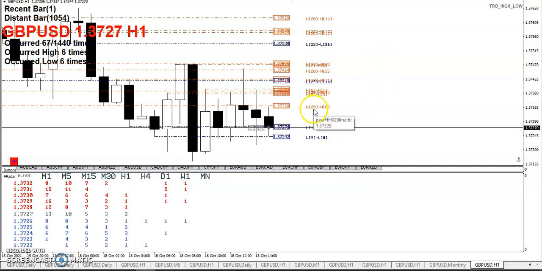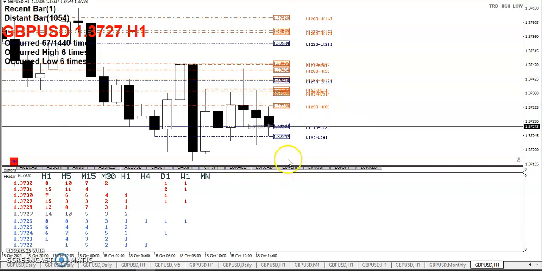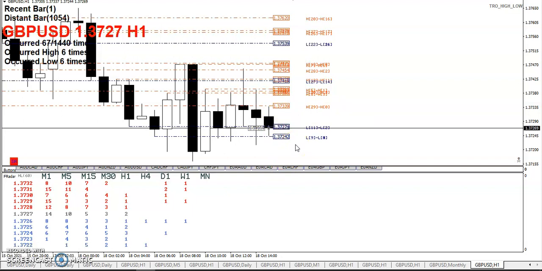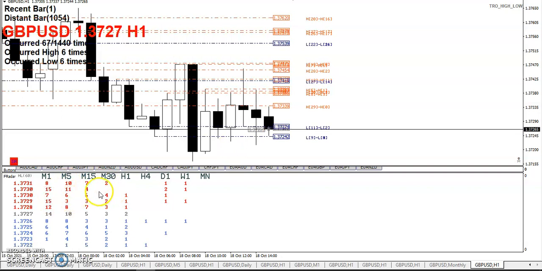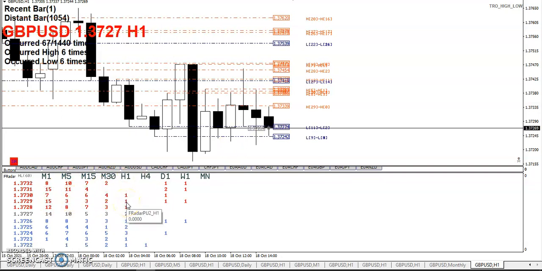So right here we had a high 29 bars ago, and then the high this hour, same. So what this is showing, the fractal radar doesn't count the current bar, so you can see one bar happened.